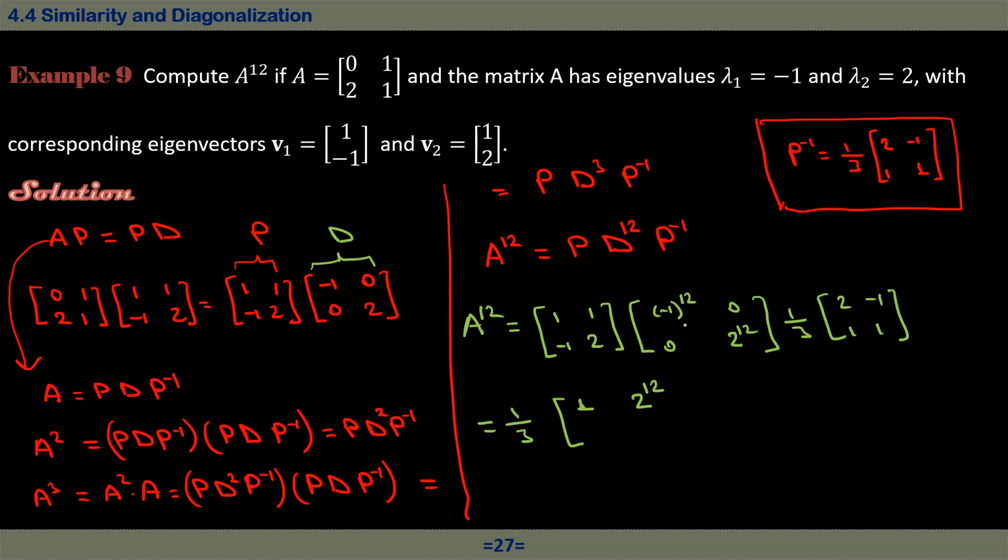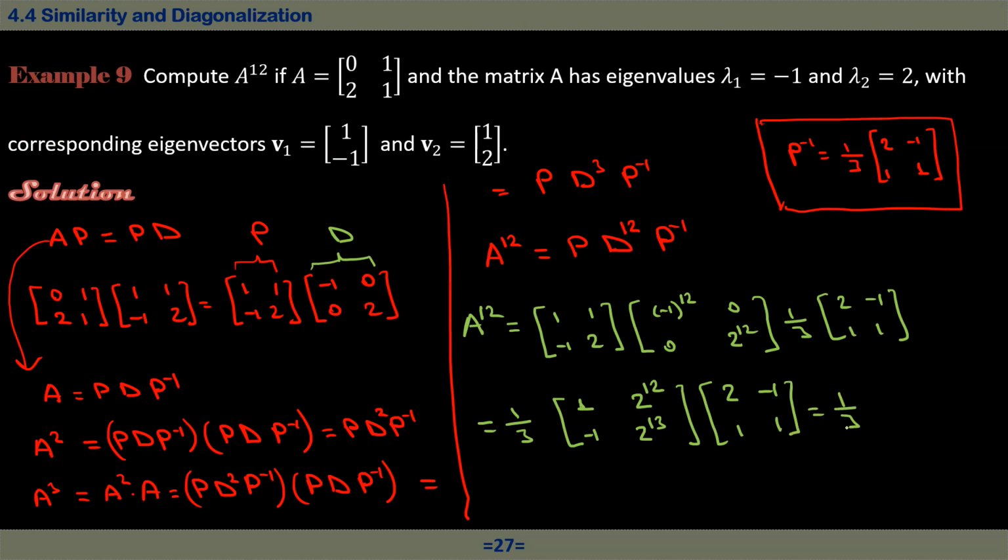Now, negative 1 times 1 is negative 1, 0 times 2, so here we have negative 1. 0 times negative 1, 0, 2 times 2 to the power of 12 is 2 to the power of 13. And here we have 2, minus 1, 1, 1.